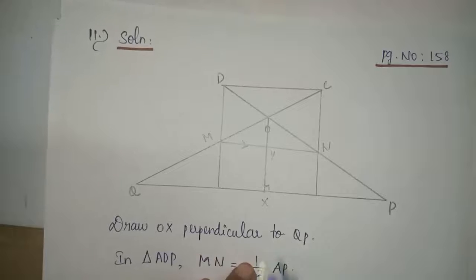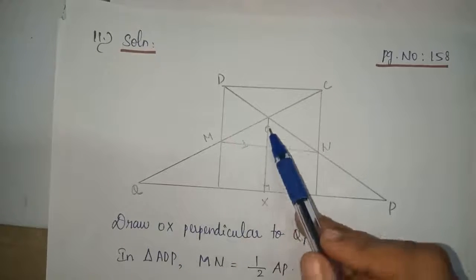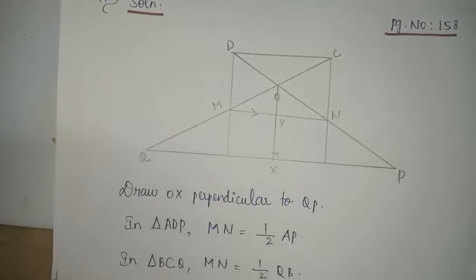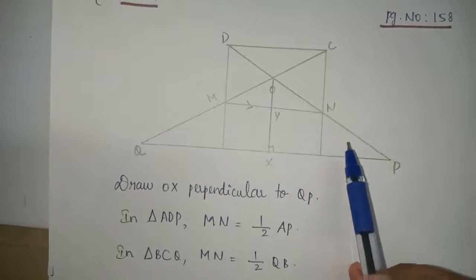So last problem of this exercise, this is the given figure. The first step is you have to draw OX, which is perpendicular to QP. Now in this we can see a triangle ADP.